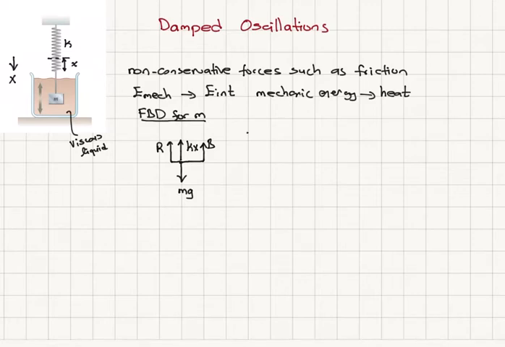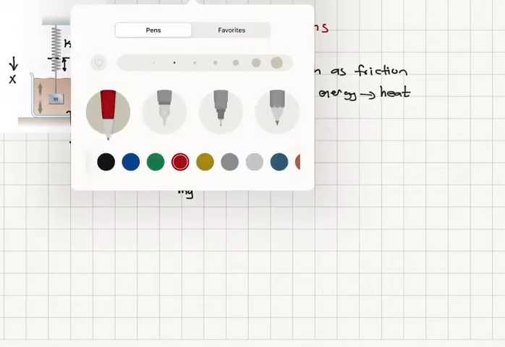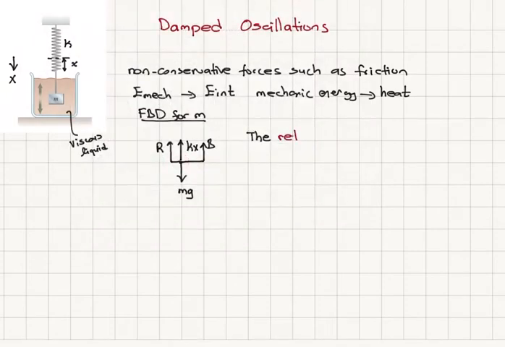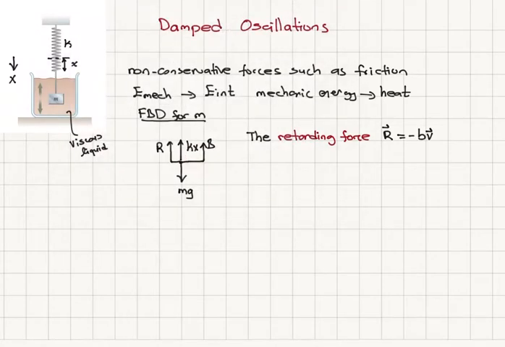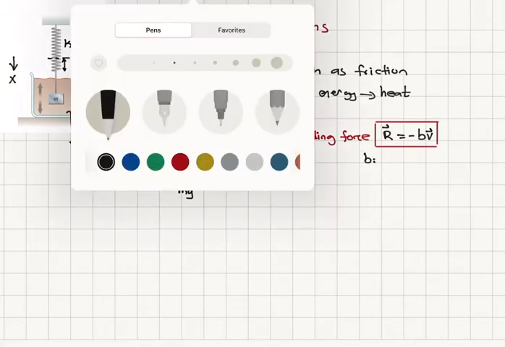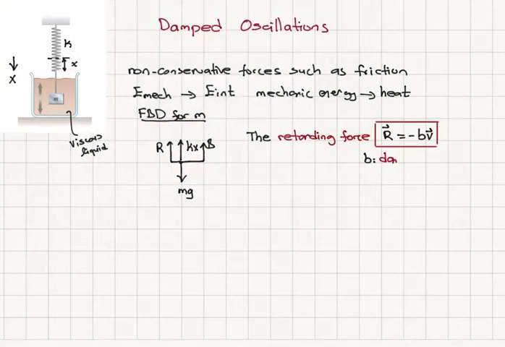The retarding force, that is basically accounting for the friction in my system, force R, is typically modeled as being proportional to the velocity of the object but opposite in direction. And here we have a coefficient that characterizes the strength of this friction. b is called the damping coefficient.